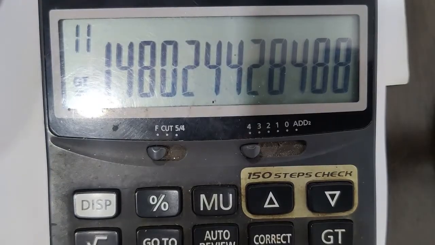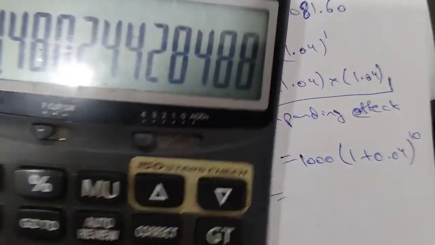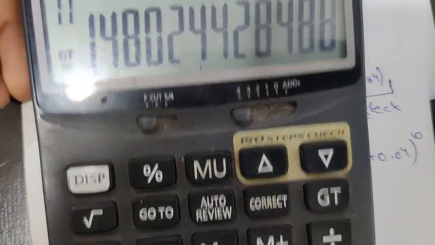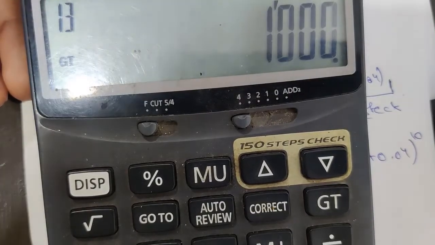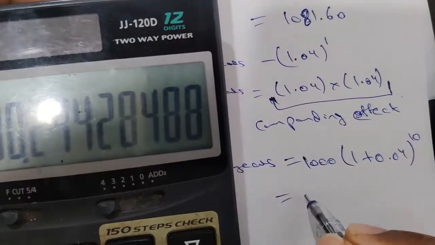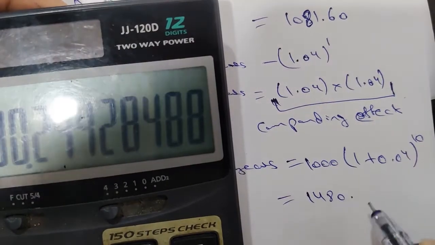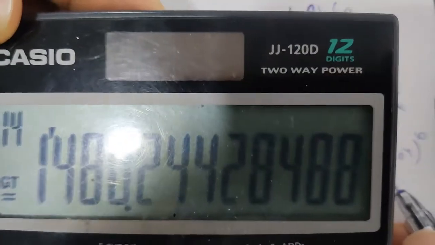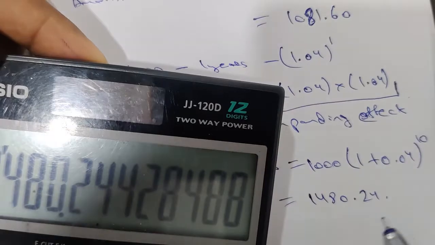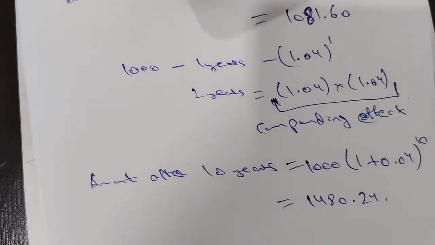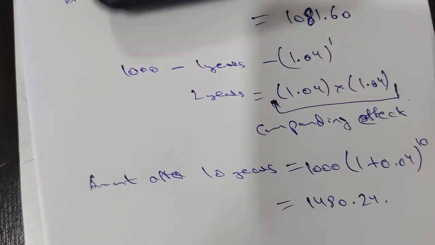So this becomes your 1000, and now just press into 1000. 1480.24. So this becomes your amount after 10 years.